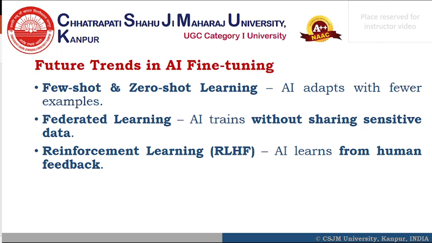So instead of just using pre-existing datasets, AI is trained by human reviewers who rate its responses and guide improvements. This method helps eliminate biases, incorrect outputs, and unethical AI behavior. Okay, so these trends will make AI more powerful, cost effective, and business ready than ever before.